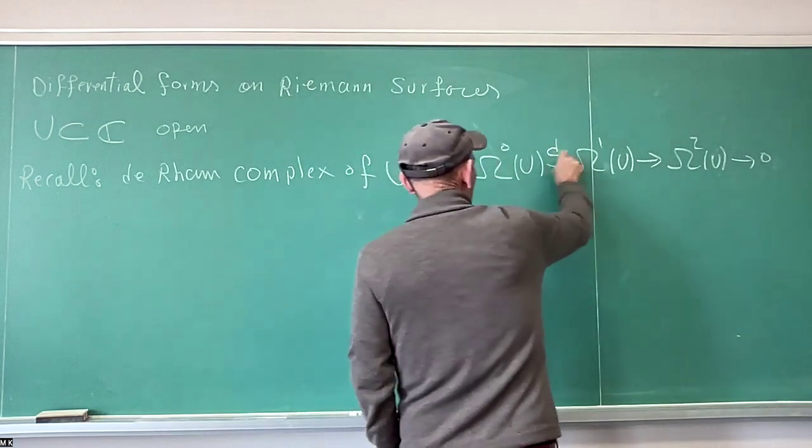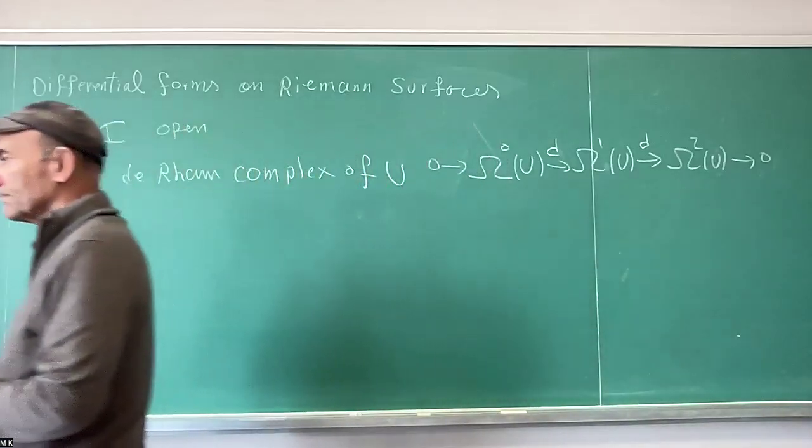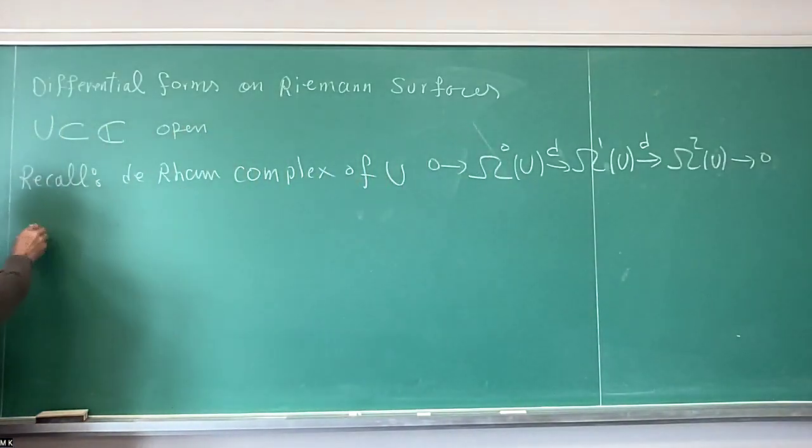So there is this de Rham differential d, right? So we had, if you recall, omega 0 of U.